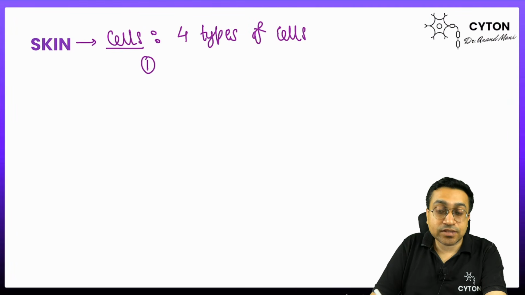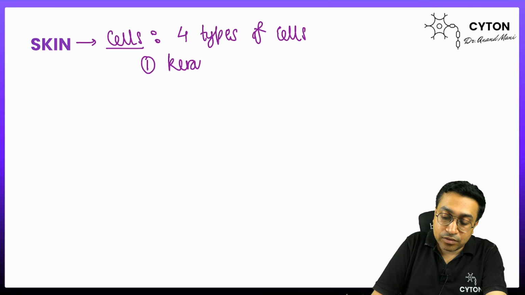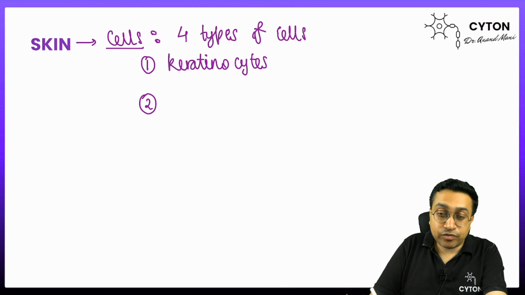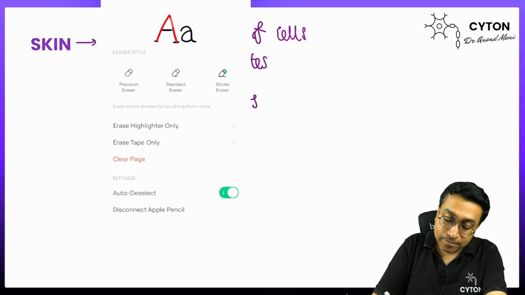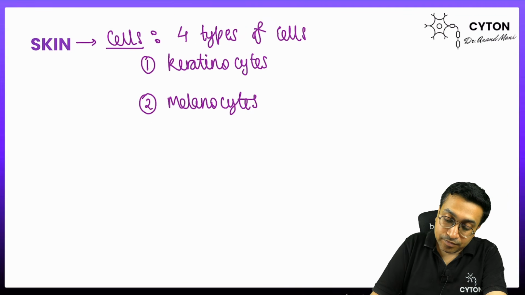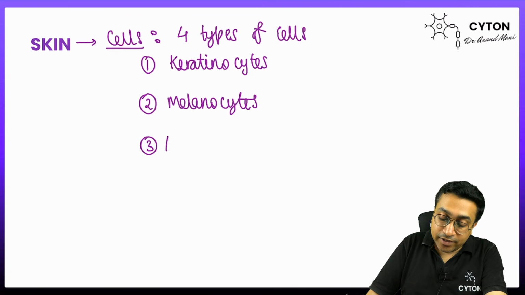Number 1, that is the keratinocytes. Number 2, we have the melanocytes. Number 3, we have the Langerhans cells.